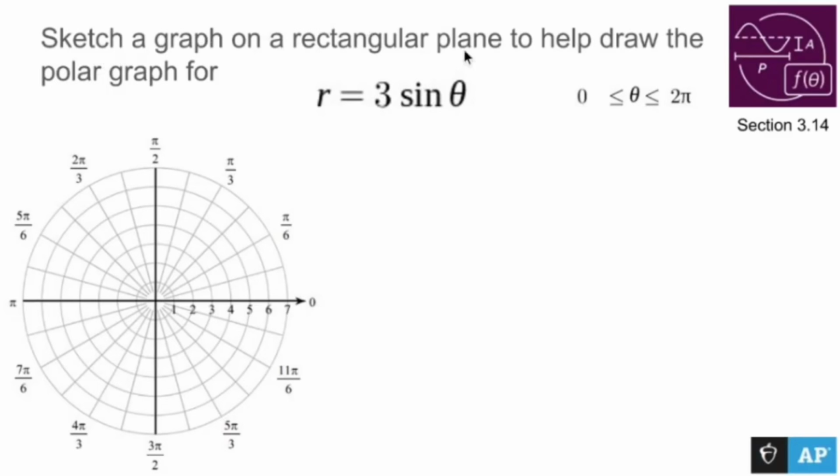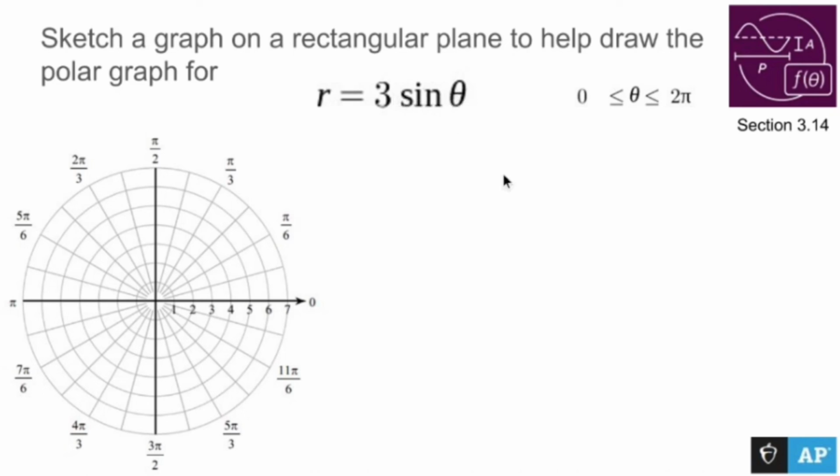Sketch a graph on a rectangular plane to help draw the polar graph for r equals 3 sine theta. Now, whenever I graph a polar graph for sine theta or cos theta, it has a very, very specific look as long as it's just sine theta or just cos theta. The number in front of it just makes that picture bigger. That's all it does.